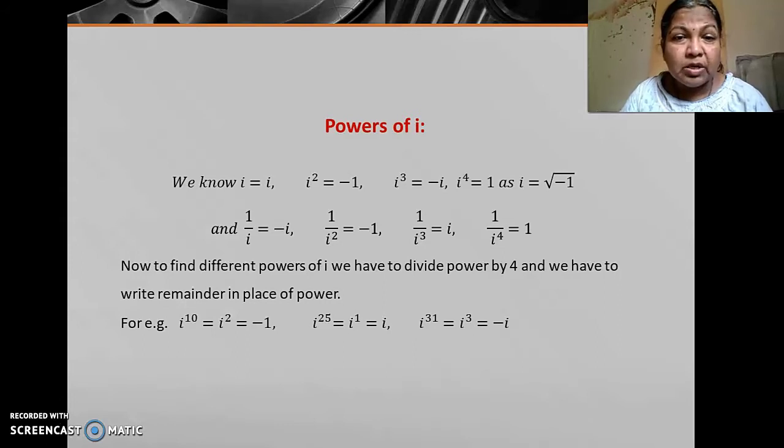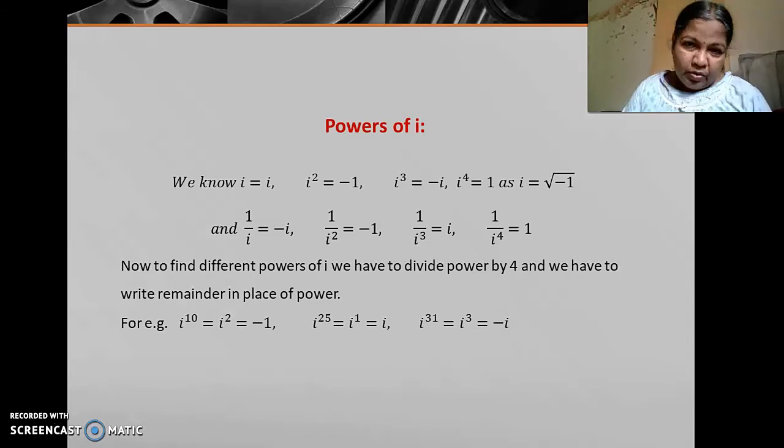In general, the square of any number is a positive value, but since i is an imaginary number, i square is equal to -1. Similarly, i cube is equal to i square multiplied by i, therefore it is -i. And i raised to 4 is i cube into i, so -i into i is minus i square, so minus of -1, that is plus 1.